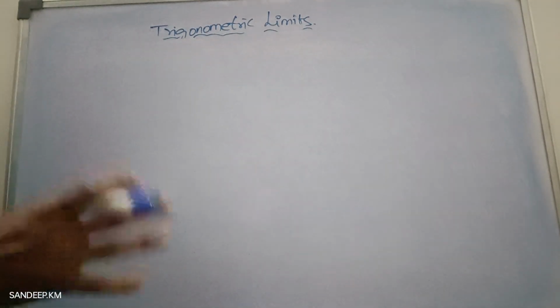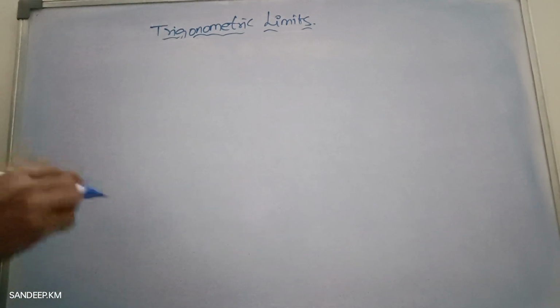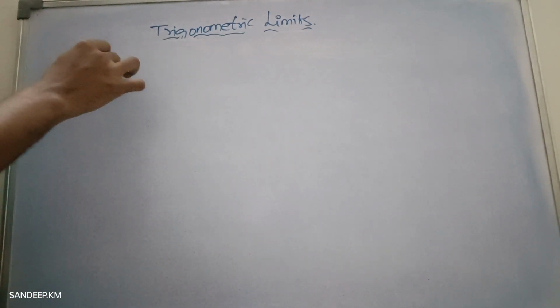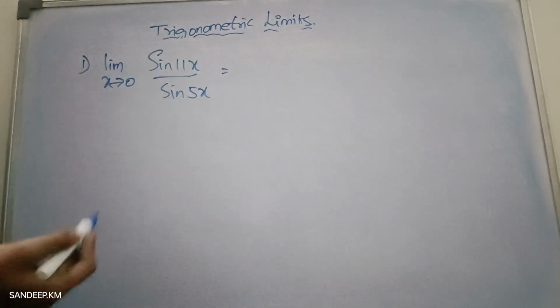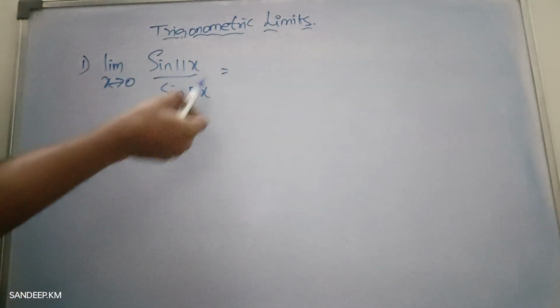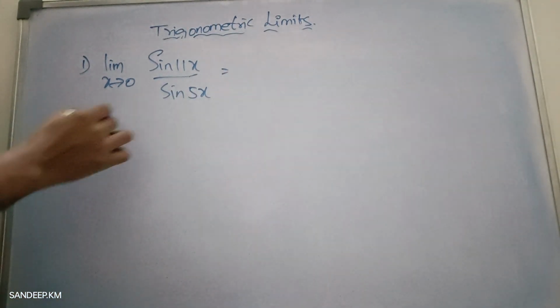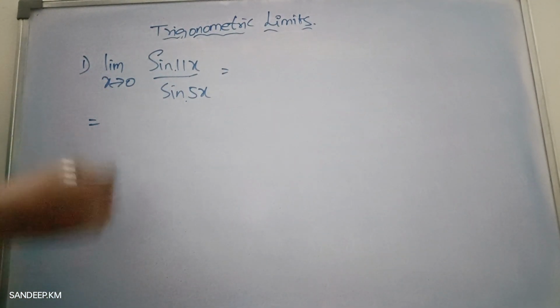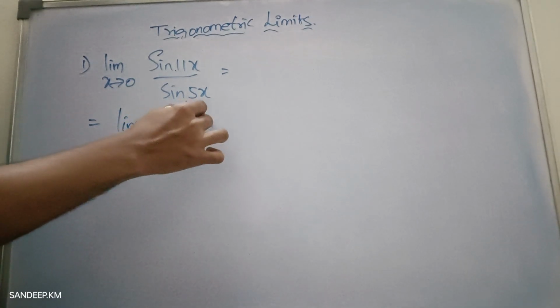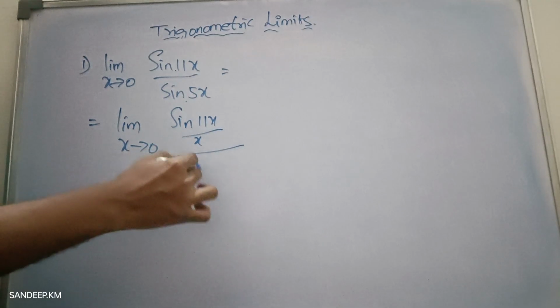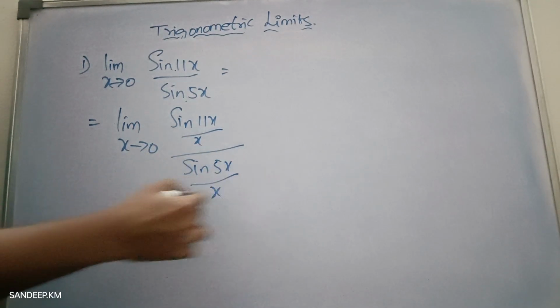Let us see some basic problems on these models. The first one, limit x approaches 0, sin 11x by sin 5x. What is the answer? The answer is obviously 11 by 5. But why? Divide the numerator and denominator with x. Limit x approaches 0, sin 11x by x divided by sin 5x by x.